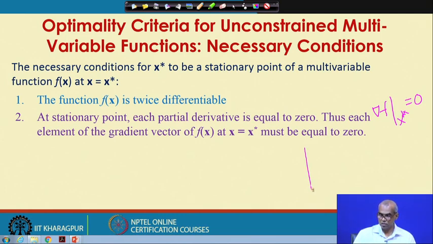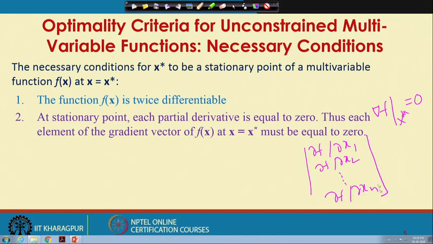That means, del f del x 1, del f del x 2 up to del f del x n equal to 0. So, this gradient vector is a null vector.